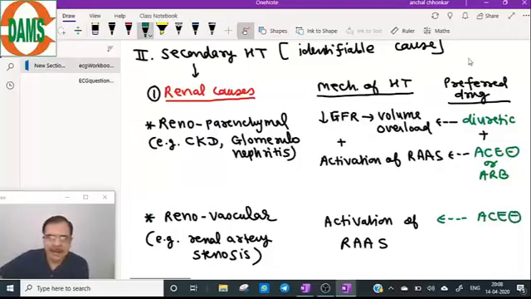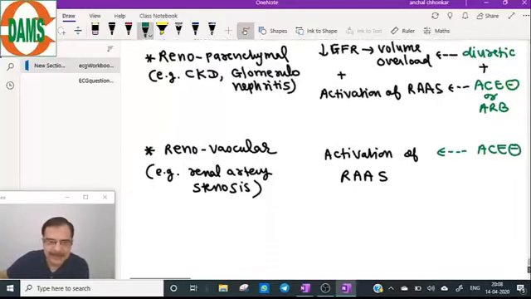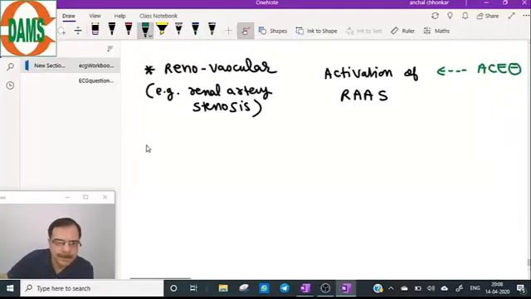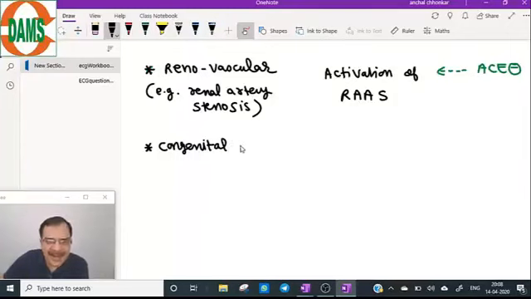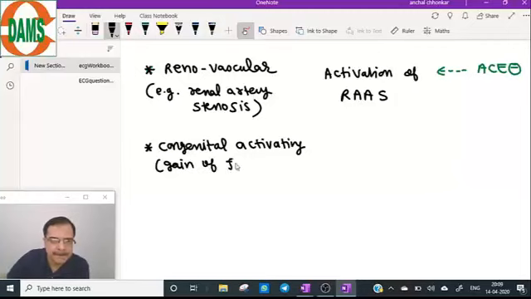Now the number 3 renal cause is congenital activating mutation, meaning gain of function, of sodium channels of renal tubules.